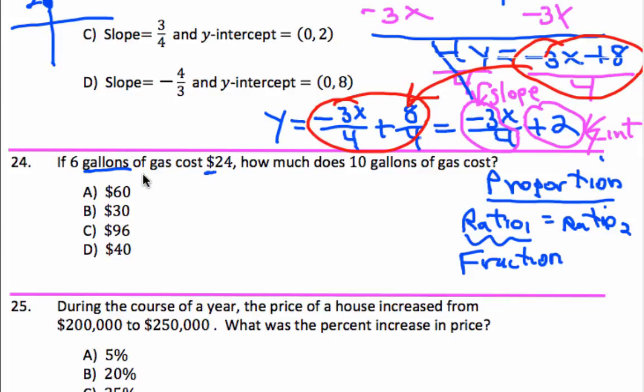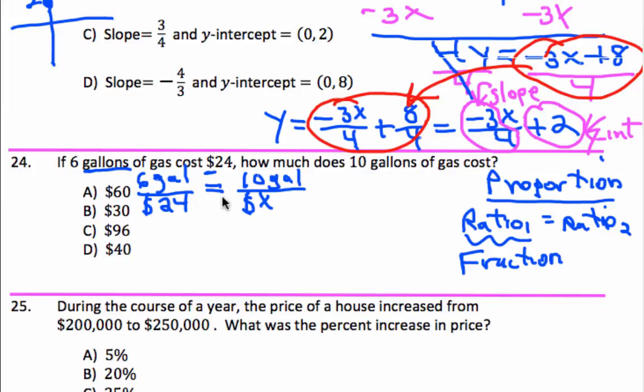So we set up a proportion. 6 gallons is to $24 as 10 gallons is to x dollars. Now keep in mind, if you put gallons in the numerator of the left ratio, you have to put gallons in the numerator of the right ratio. At this point, since we have a proportion, we're permitted to cross multiply.